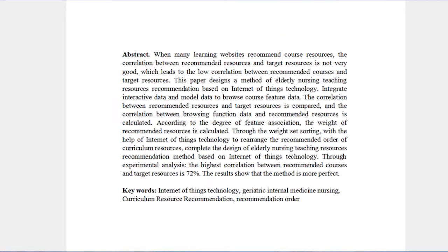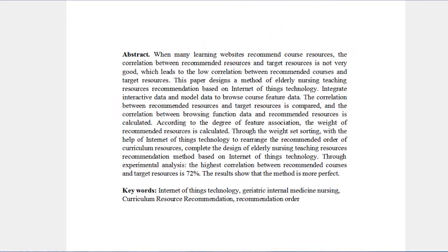Through the weight set sorting, with the help of Internet of Things technology, rearrange the recommended order of curriculum resources, completing the design of the elderly nursing teaching resources recommendation method based on Internet of Things technology.